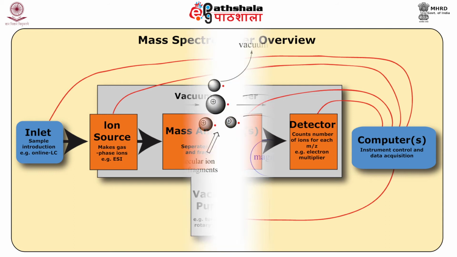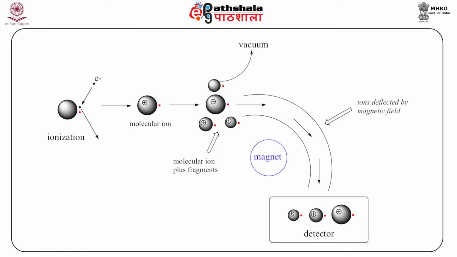The formation and manipulation of ions are done in a vacuum, rather than at an atmospheric pressure of 760 mmHg.